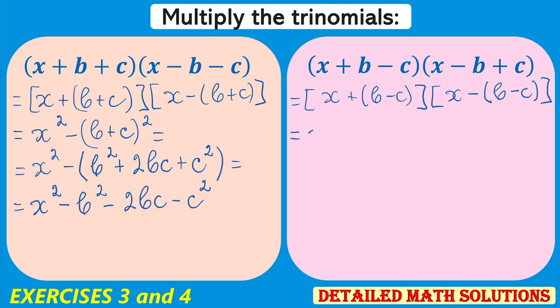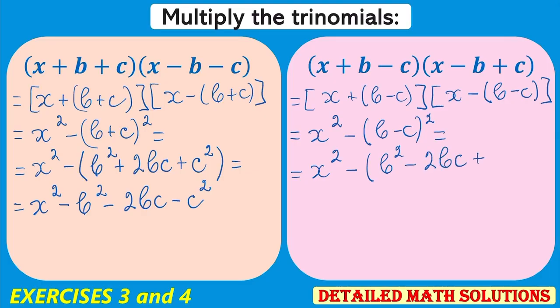This equals x² − (b − c)², which simplifies to x² − (b² − 2bc + c²). When I open parentheses, I have x² − b² + 2bc − c².